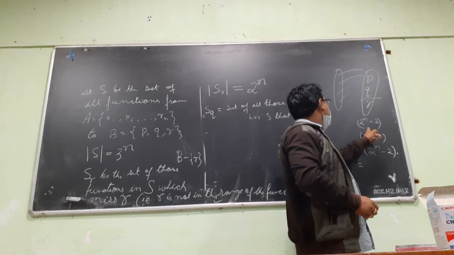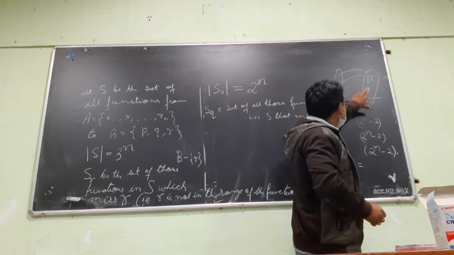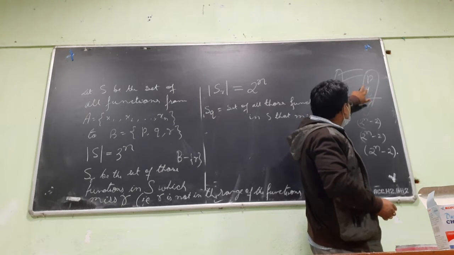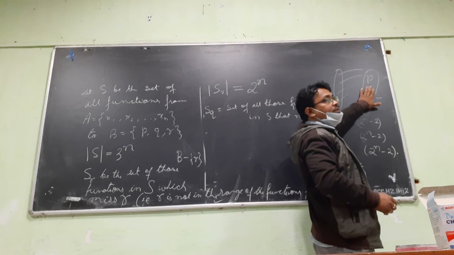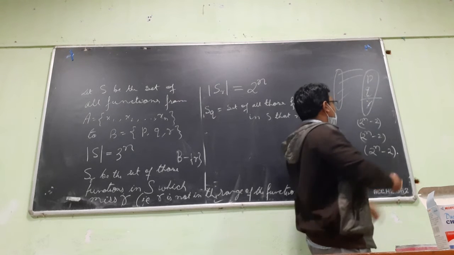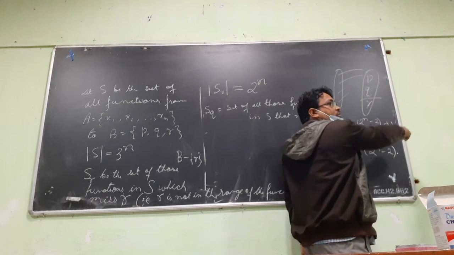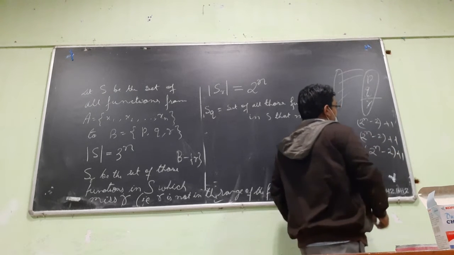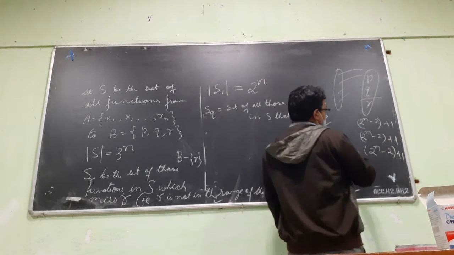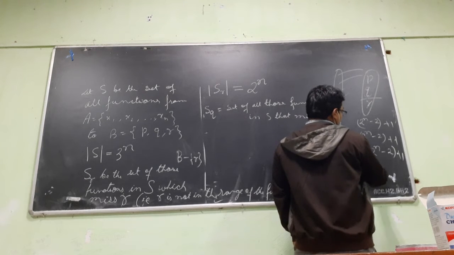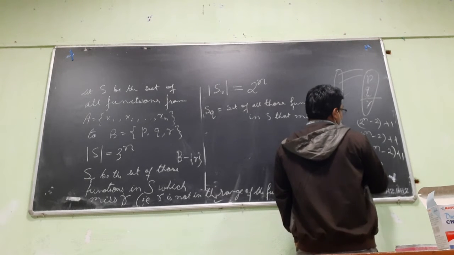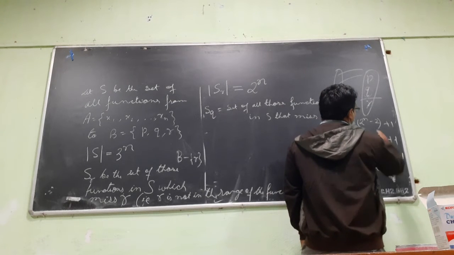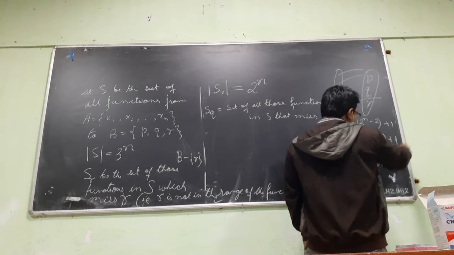We have to consider those also: those which miss Q and R. So after that, what comes out? This is 3 into 2 to the power n, then minus 1 minus 1 minus 1, minus 3.